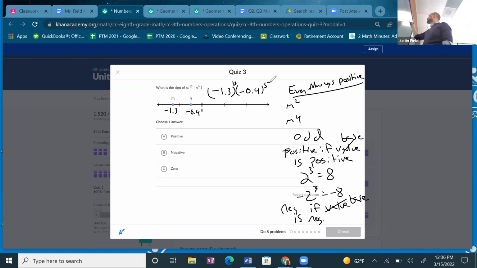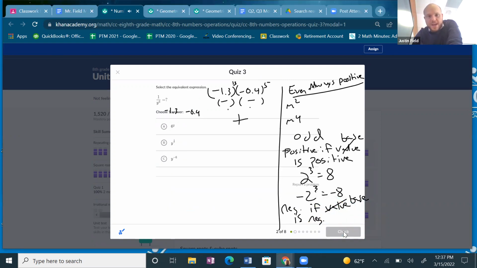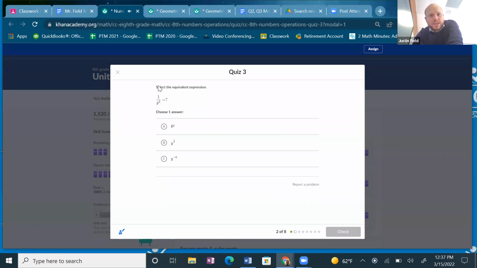Using my rules, I know this is going to be a negative number and this is going to be a negative number because my bases are negative and my exponents are odd. But a negative times a negative is a positive. So yeah, that's that.